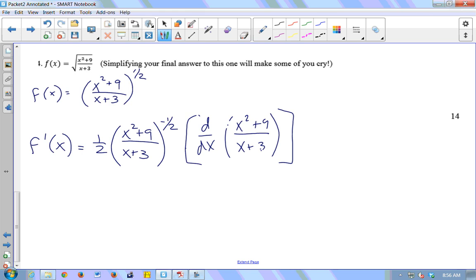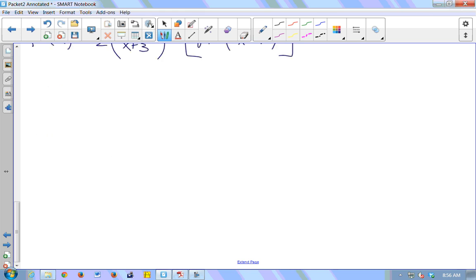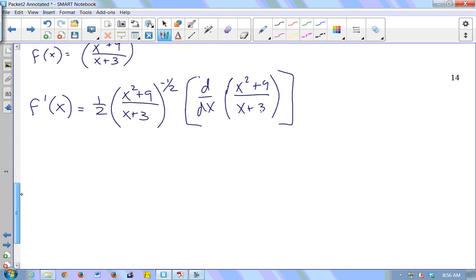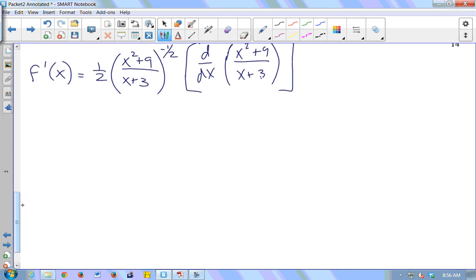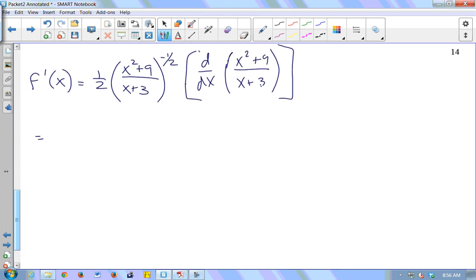Sometimes I just don't like to do too much in one line because you lose track of what you're doing. So I'll just write down, okay, and then I have to take the derivative of that stuff, and I'll do that in the next line. So I still have this 1/2 times my stuff to the negative 1/2, then times the derivative of x squared plus 9 over x plus 3, and this is a quotient.